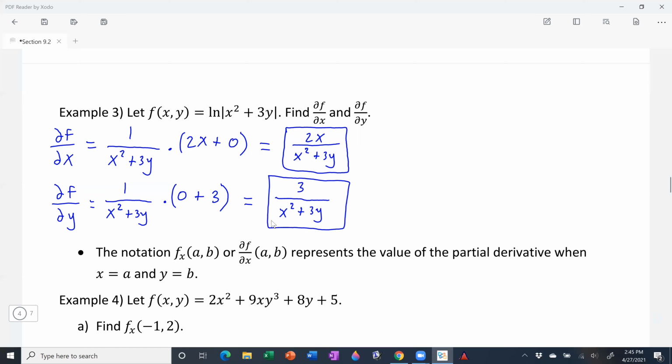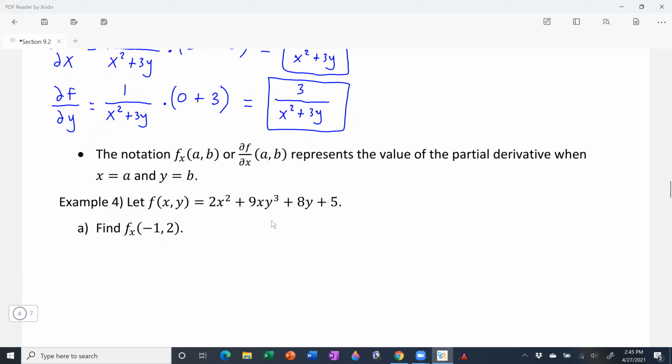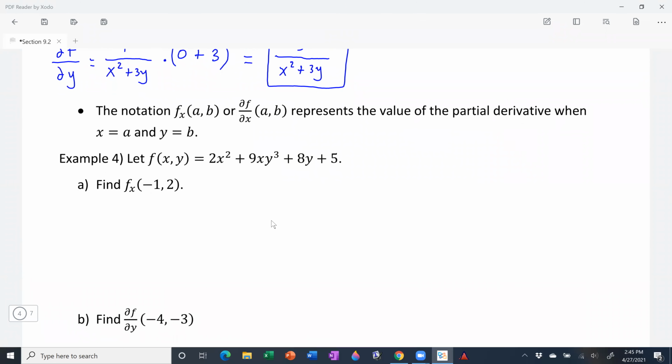Very important, that difference of which variable we're taking the derivative with respect to. Now let's try some where we actually evaluate derivatives at different x, y values.